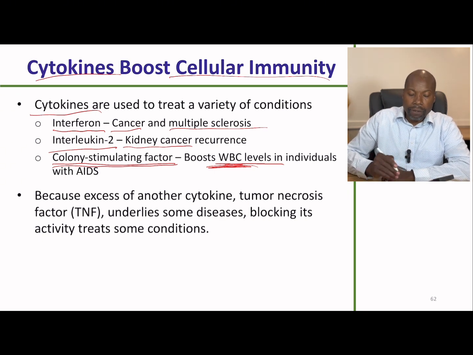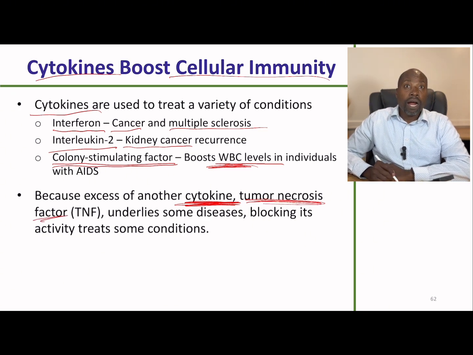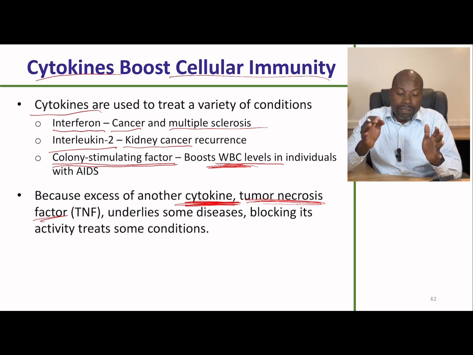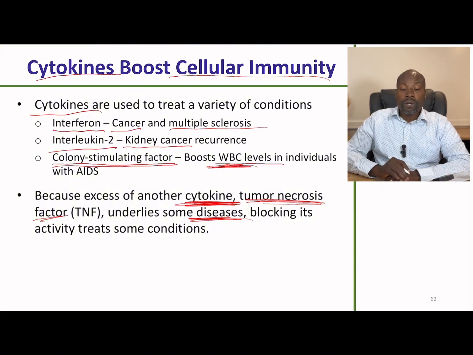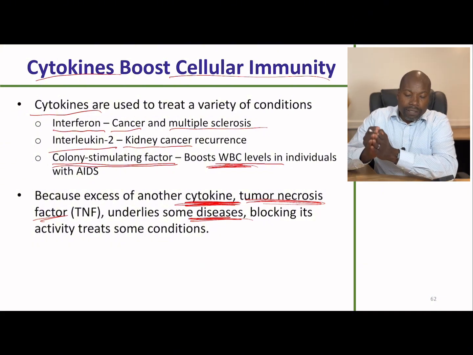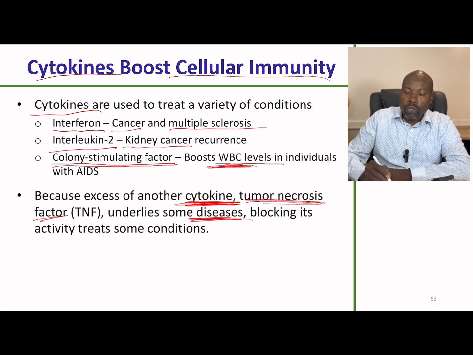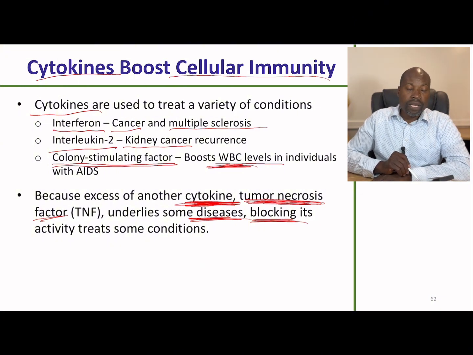Another example: excess of cytokines, like tumor necrosis factor, TNF, are basically going to be the signs that there is a disease going on. So knowing this, it is possible to block the production of cytokines and tumor necrosis factors to treat the condition.